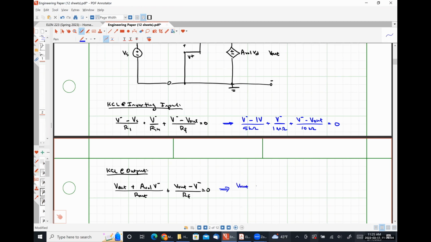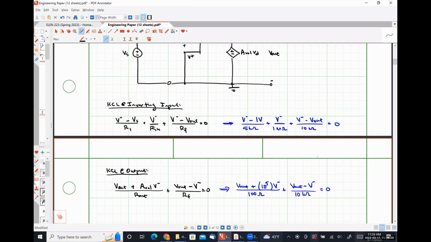So V out plus 10 to the 5 times V minus over 100 ohms plus (V out minus V minus) over 10 kiloohms is equal to 0. We now have two equations and two unknowns, so we can solve.